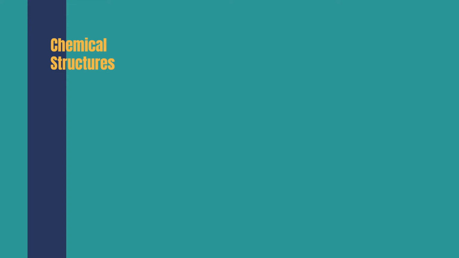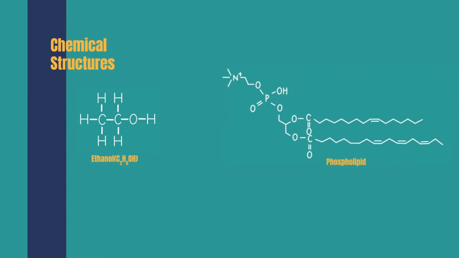Now we're going to take a look at the chemical structures of ethanol and phospholipid. Ethanol is a main component of hand sanitizer. Ethanol has a short hydrocarbon chain on the left side, and it has an OH region which is available for hydrogen bonding. Now let's take a look at the phospholipid's chemical structure. As mentioned before, phospholipids consist of a hydrophilic head and a hydrophobic tail.